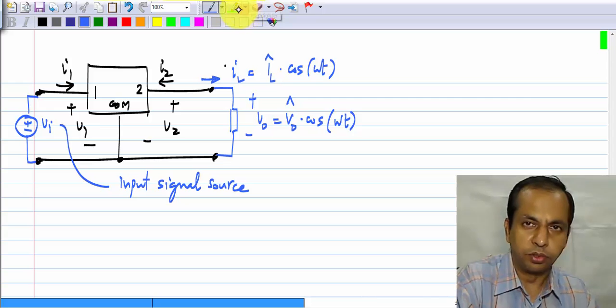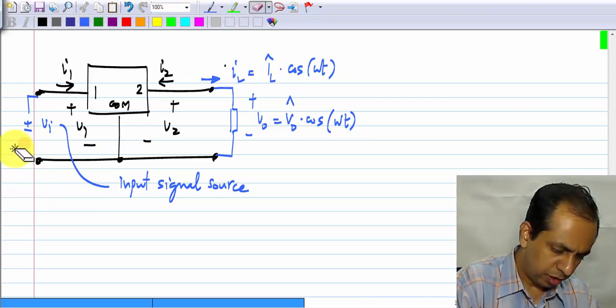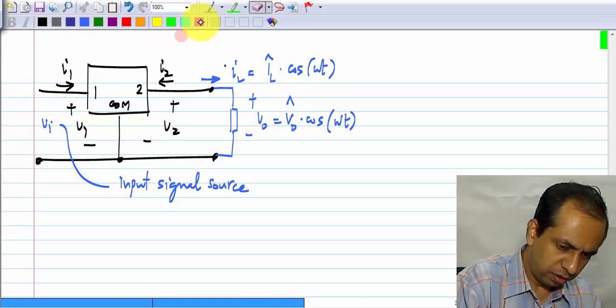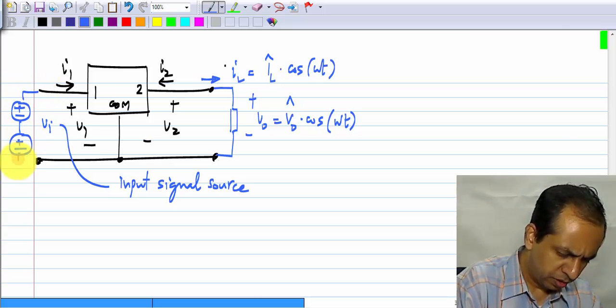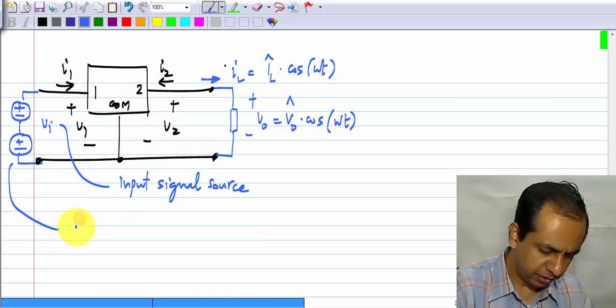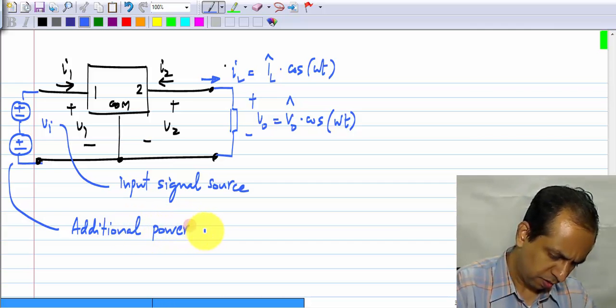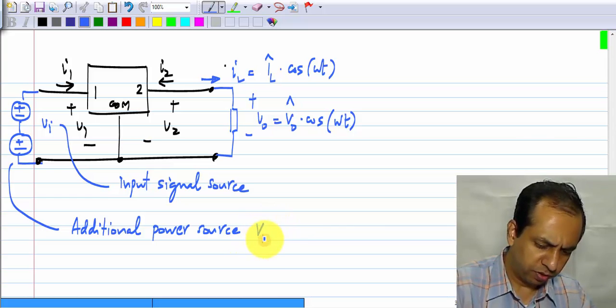And the additional source of power, let us say, is another source that is connected in series. And let us say it has a value of V10.